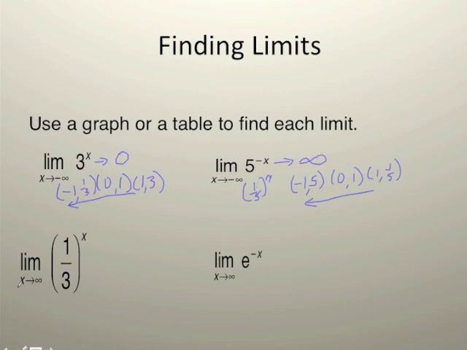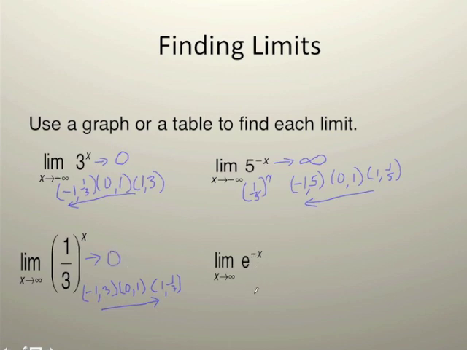In this case, x is going to infinity. Well, let's think about these points. Negative 1, 3, 0, 1, and 1, 1/3. As x goes to infinity, so as x is getting larger this way, what happens to the y values? They're getting smaller. So this is going to go to 0.